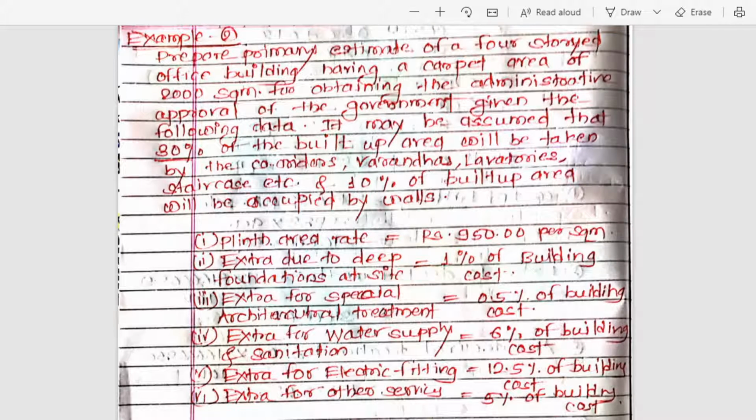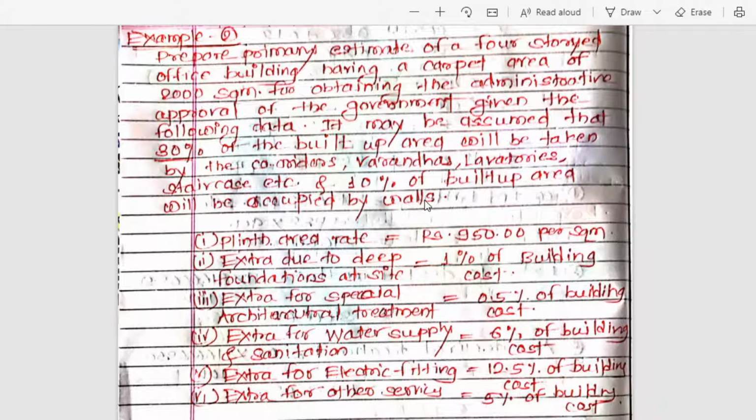And the data is given that it may be assumed that 30% of the built up area will be taken by corridors, verandas and laboratories, then staircase, etc. And 10% of built up area will be occupied by walls only.